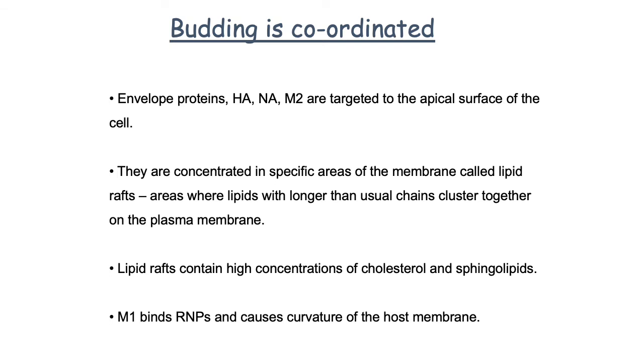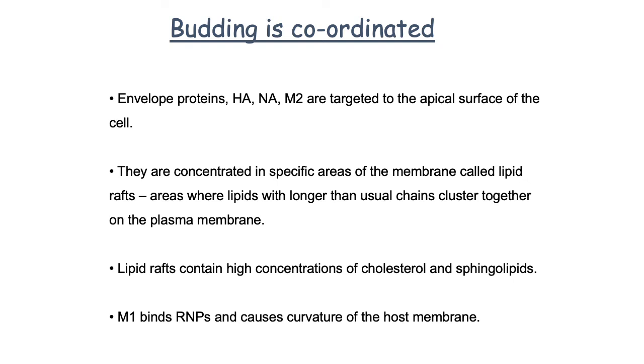And then once it's there, this is going to happen preferentially, so more often than not, at these things that are called lipid rafts. So lipid rafts are areas of the membrane of your cells that contain sphingolipids, which are a little bit taller than regular lipids. And so they sort of sit out, and they don't like to mix with the other lipids. They like to stay with the other sphingolipids.